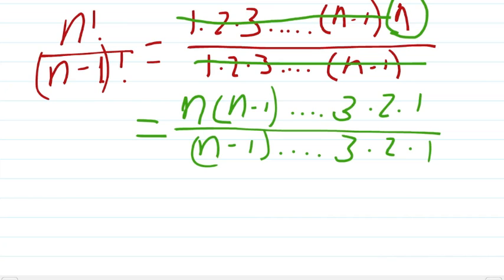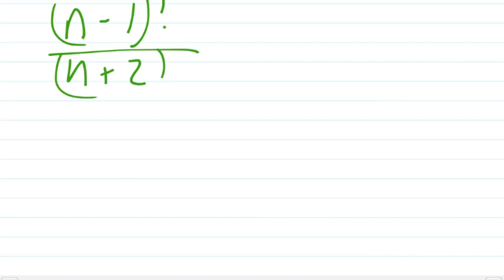So let's look at another example here. How about n minus 1 factorial over n plus 2 factorial? What is that? Not quite. Let's expand the top, and we get 1, 2, 3, up to n minus 1, right?